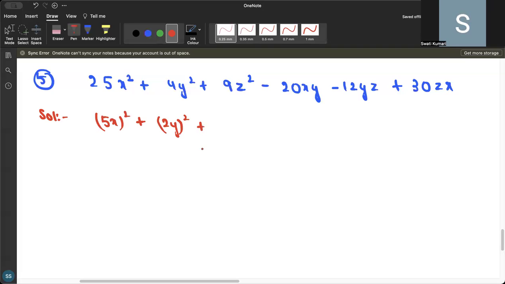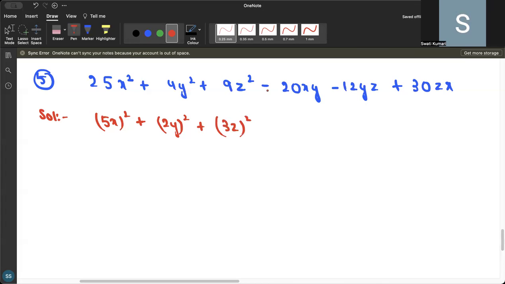There is no special way to explain how I thought about it; it will automatically come to your mind. And then this will become 3z whole square. Here I'm keeping everything positive.